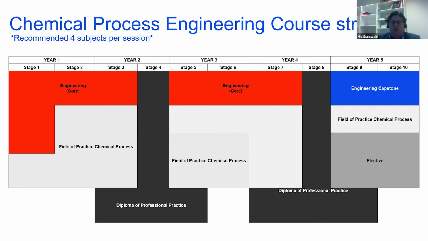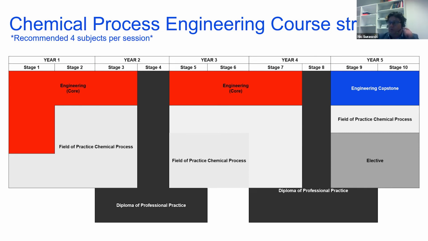So for example, if you had particular interests in developing business skills, you may qualify to do electives within the business faculty. If you were interested perhaps in commercialization, legislation and things of that nature, it may be attractive to try and undertake, for example, a subject in the law faculty to develop those particular skills.